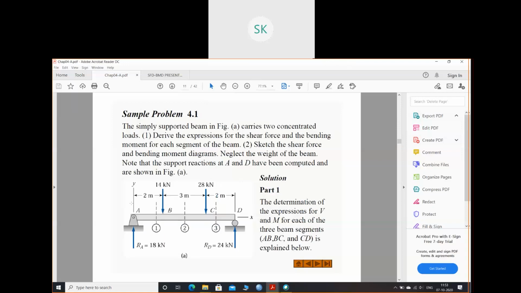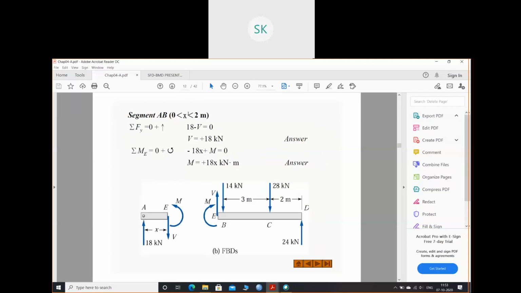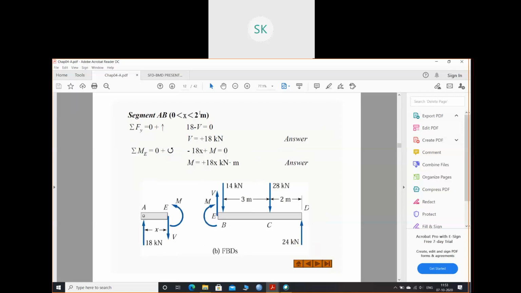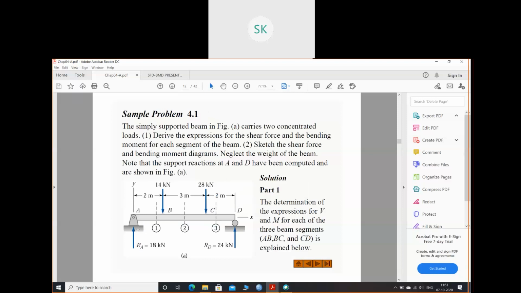It is from 0 to 2 meters. So my first section is between 0 and 2 meters. For section AB, my limits will be from 0 to 2, and for this limit I'll first find the shear force, then the moment. I'll find one shear force equation and one moment equation for this section only, right?